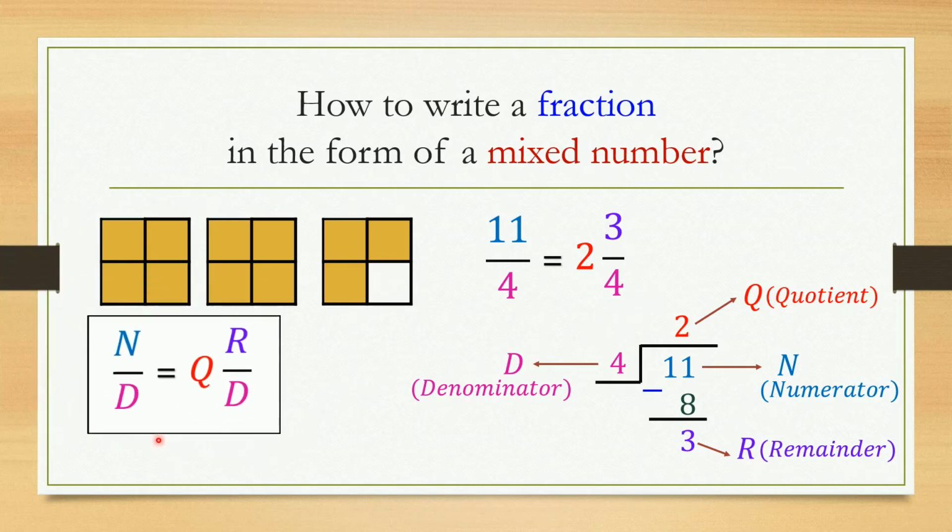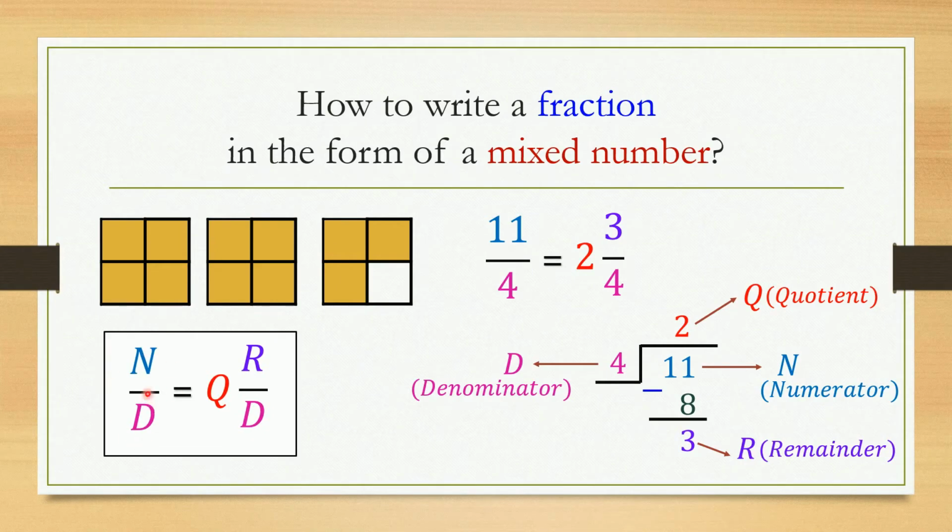So here, if you have a fraction n over d, numerator over denominator, to find the mixed number equal to it, we divide the numerator by the denominator on a scratch paper. We find the quotient and the remainder. The quotient is the whole number part, and in the fraction part, the denominator will stay the same.